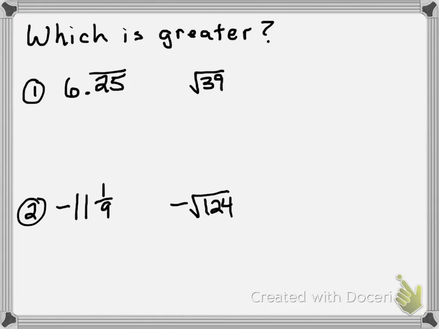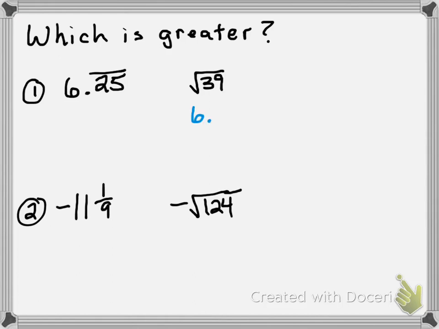When we do something like this, remember, we can't really compare decimals with square roots. So we're going to have to convert everything to decimals. We've got fractions, decimals, square roots, so we have to make everything a decimal.